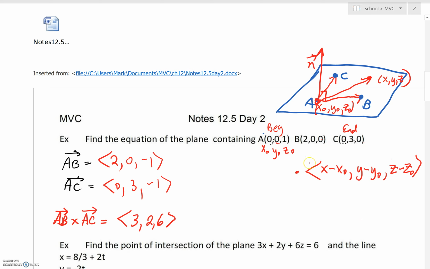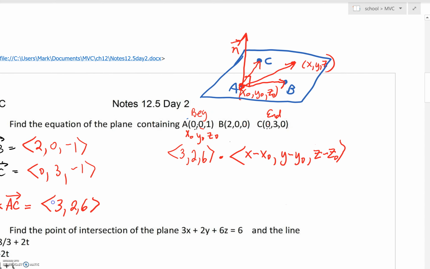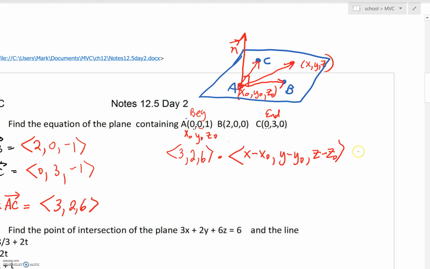But what we saw before is that any normal vector, when you have a dot product with an x minus x naught, y minus y naught, z minus z naught, a vector in the plane, because our angle between those two vectors will be a right angle, we know our dot product is 0.